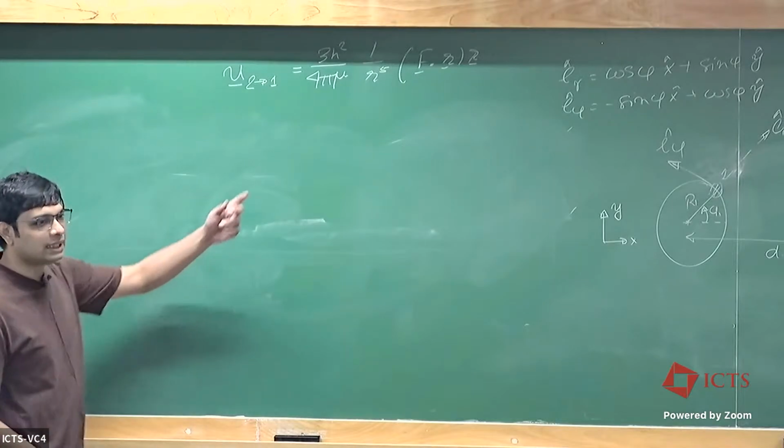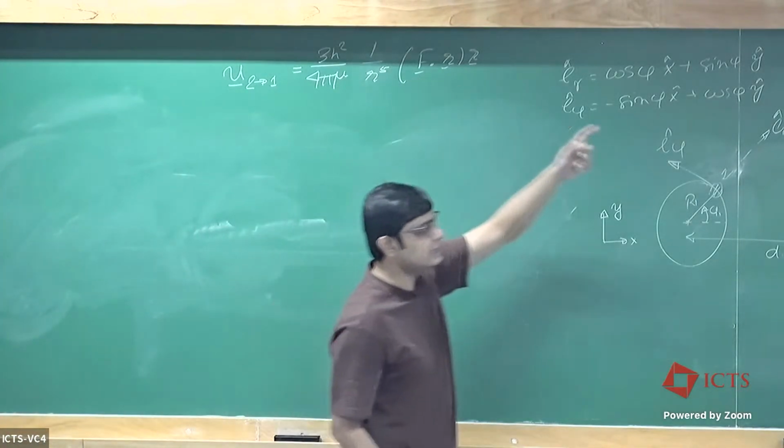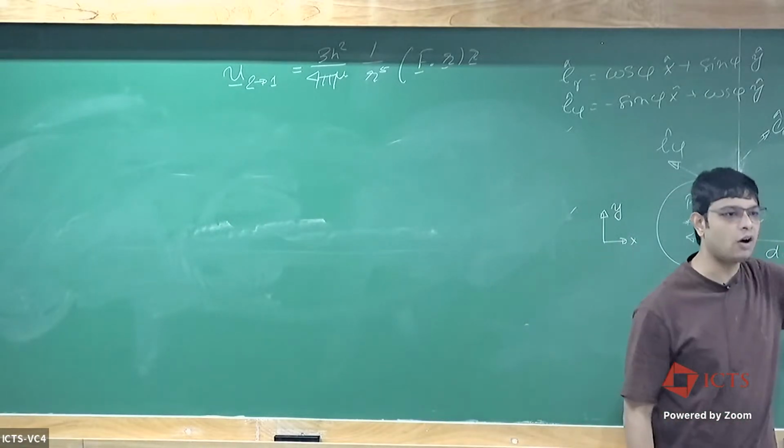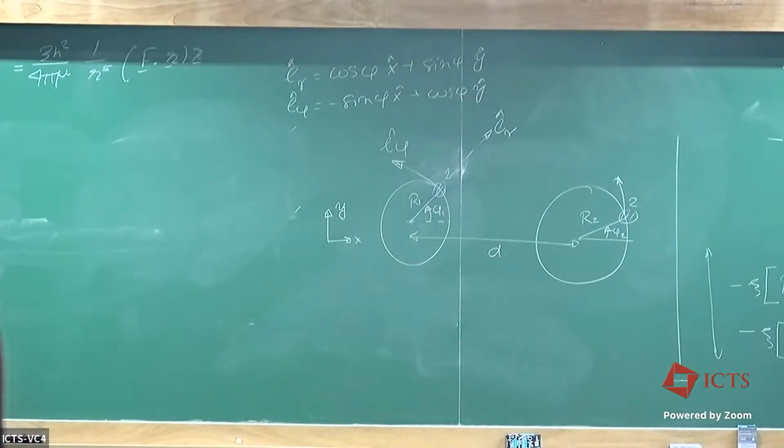So what is F? F is a force that this bead number 2 is exerting on the fluid. Think of it this way: if you're a sphere moving in the fluid, you're going to exert a force on the fluid, and that's going to drive flows. So it makes sense that the flow you drive is proportional to the force you generate.